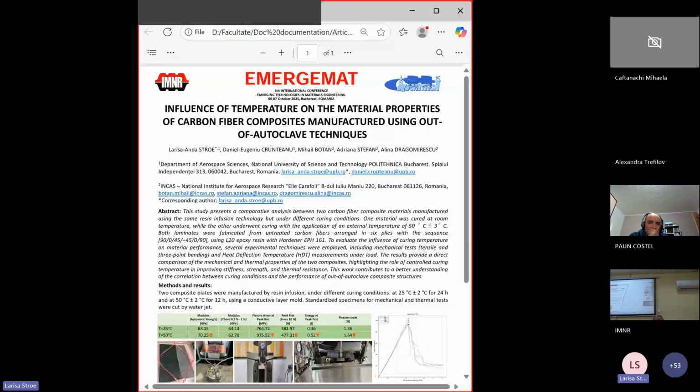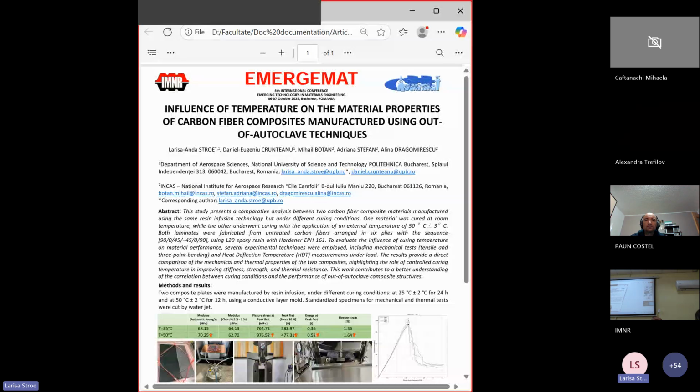Our objective was to investigate how curing at room temperature compares with curing at a slightly elevated temperature of 50 degrees Celsius. We fabricated two carbon fiber composite laminates using the same resin infusion process.